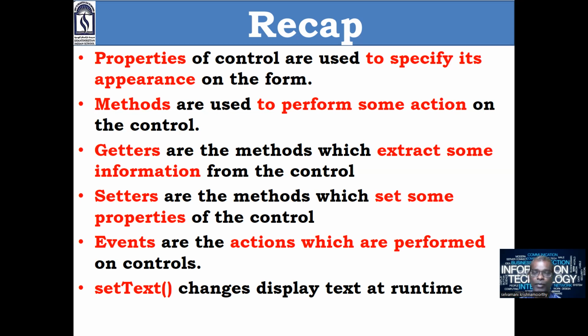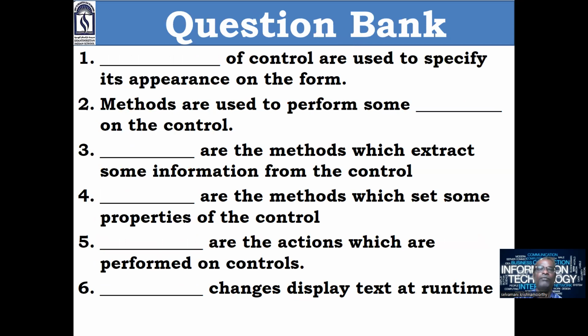Whenever we click the mouse on button 2, the good morning message is displayed. Same thing for button 3. So that is the mouse click event we are using. The setText method changes the display text at runtime. Is it fine? Good. Now it is time for the question bank.